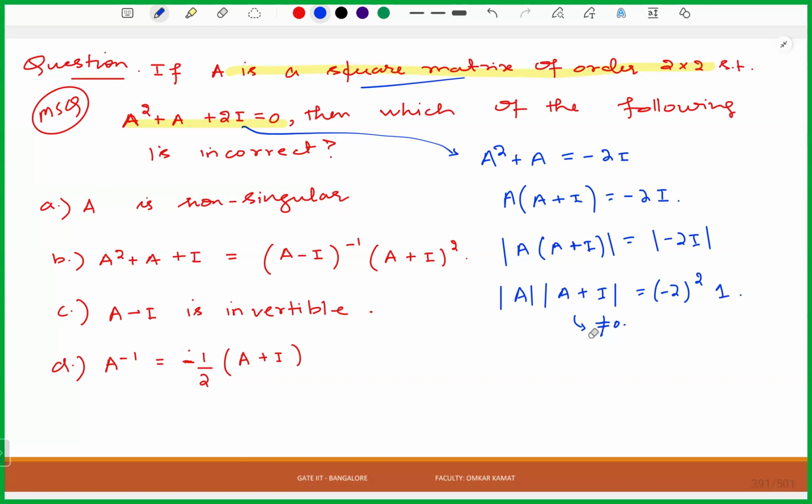So further from here what we can tell now, see we are getting determinant of A into determinant of A plus I as equal to 4, which is not equal to 0.